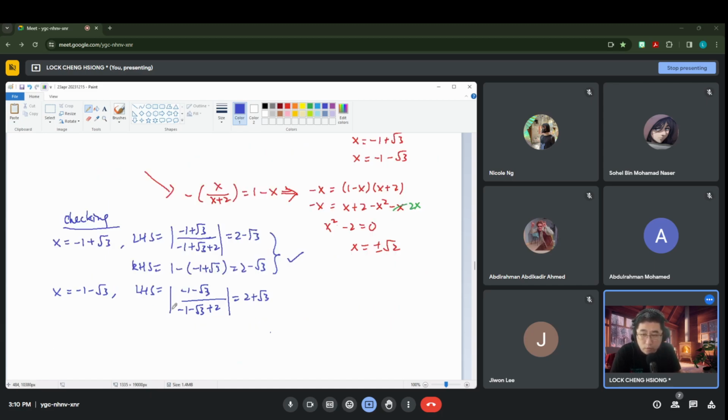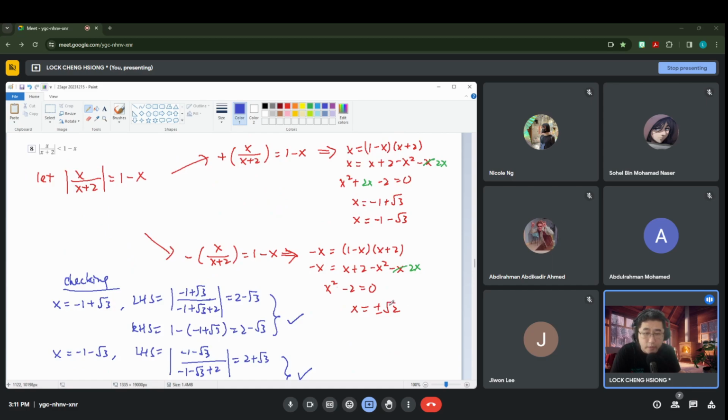Let's see, right hand side, 1 minus 1 minus square root 3. I have 2 plus square root 3. Also correct, accepted.